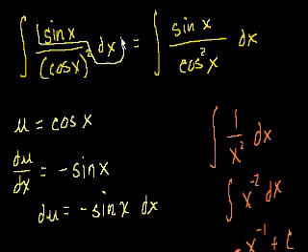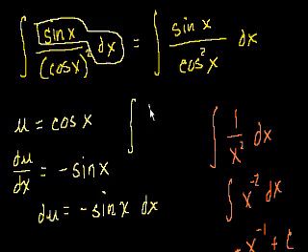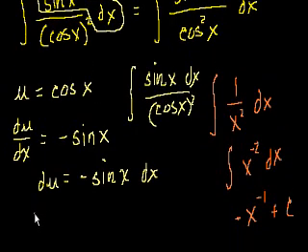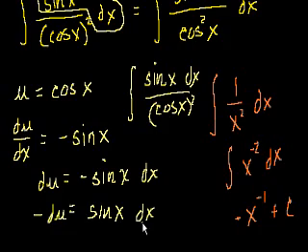We could have rewritten this top integral as sine of x dx, all of that over cosine of x squared. So if we want to substitute for this, here we have a minus. Let's multiply both sides of this by a negative 1. And you get minus du is equal to sine of x dx.